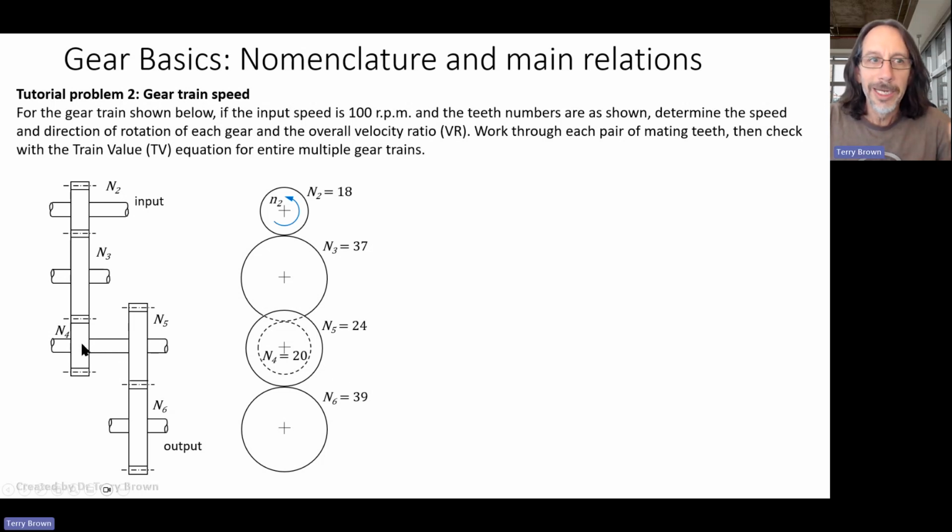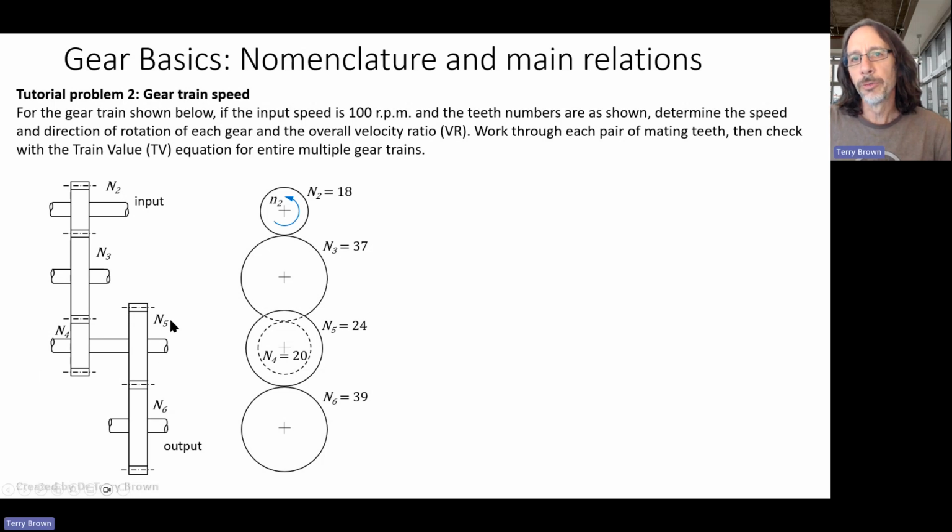However it's made, the idea is that both of these two gears, gear 4 and gear 5, rotate at the same speed. And then to our output, we've got just another mating pair of gears.